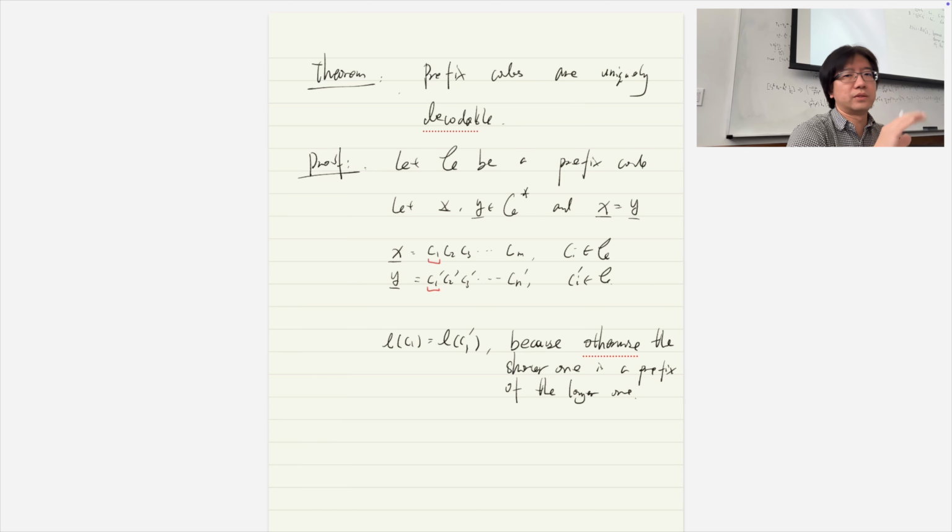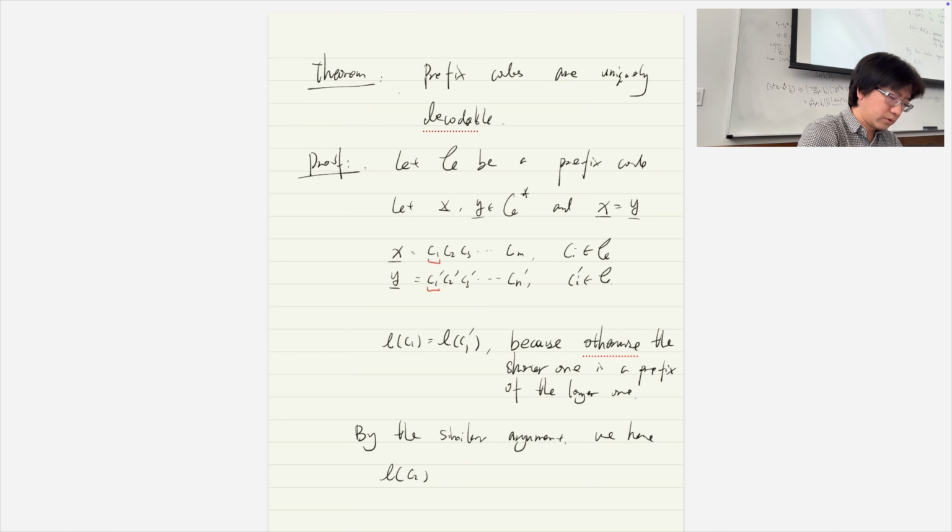By the same argument, if they're the same, we just remove those and look at C2 and C2 prime. By a similar argument, the lengths of C2 and C2 prime are the same.